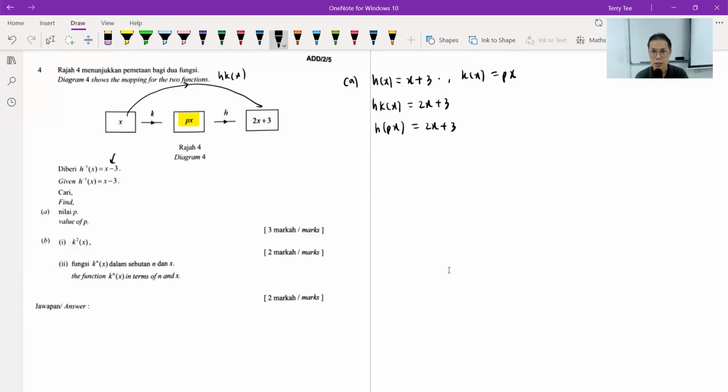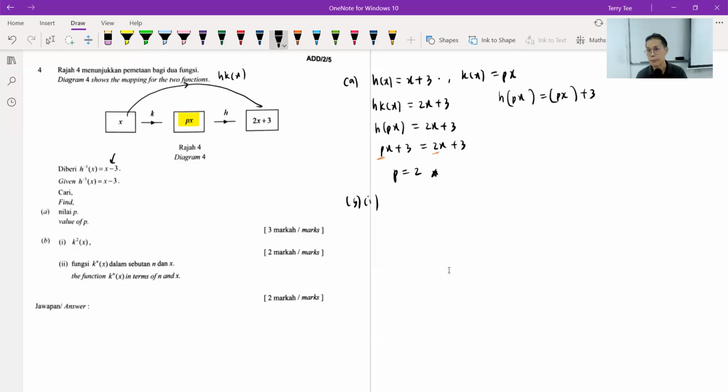H, remember, think of it as a bracket: h of bracket is bracket plus 3. If you put px inside, I will write px plus 3. So let's write px plus 3, and the result is 2x plus 3. From here, very simple, we just compare. By comparison, your p is just 2. Yeah, a simple comparison will do.